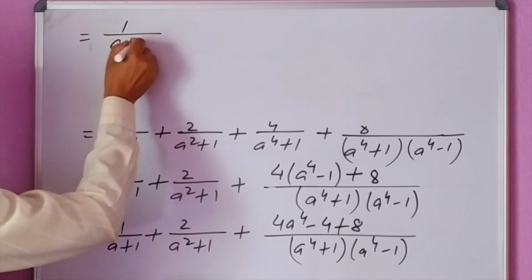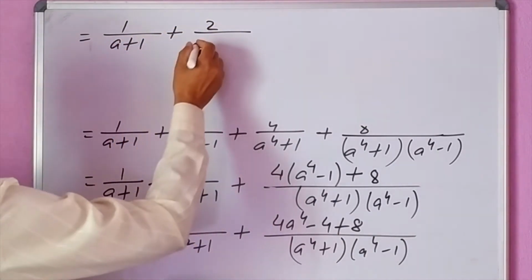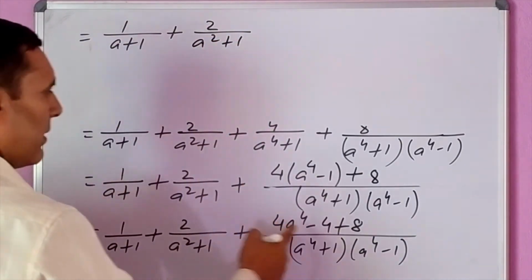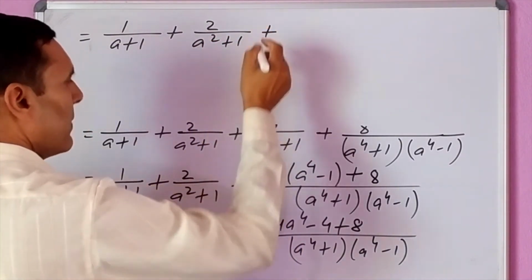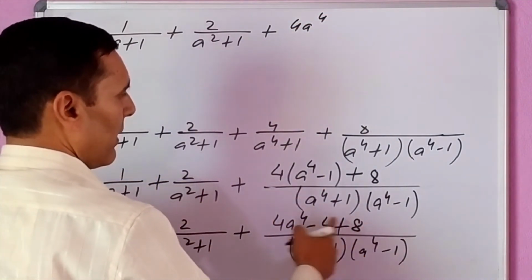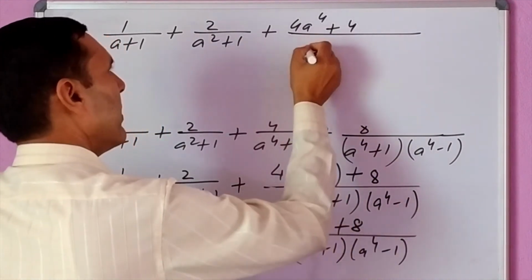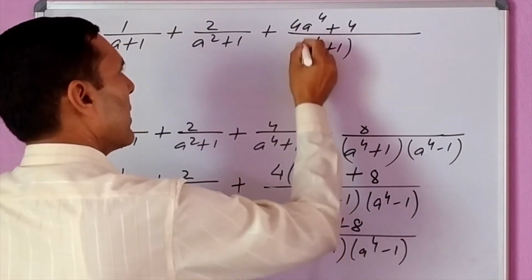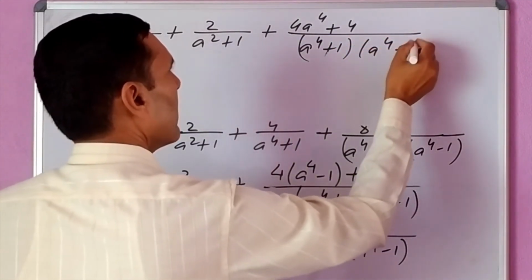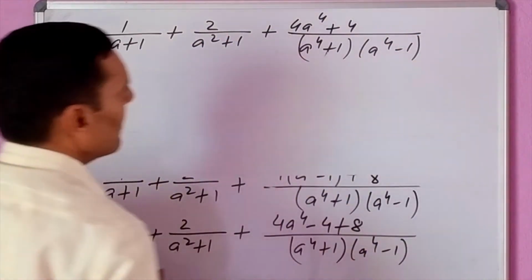So 1 upon a + 1 plus 2 upon a^2 + 1 as it is. So here this 4a^4 + 8 - 5, it is plus 4, upon denominator as it is, (a^4 + 1)(a^4 - 1). Now we take 4 common there in the numerator.